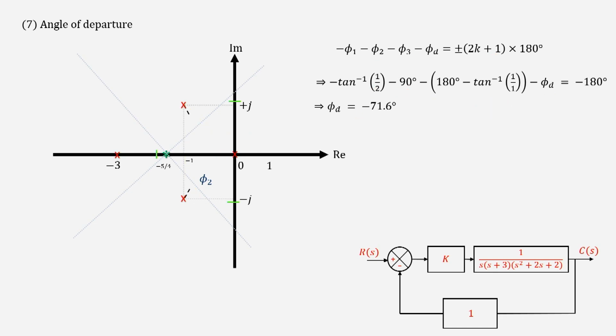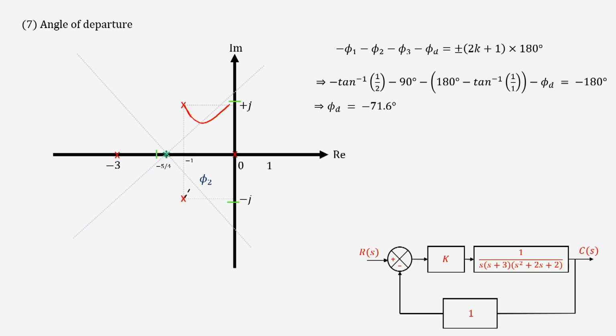What is the meaning of that? If I draw this, suppose this is 71.6 degrees, minus 71.6 degrees. So, the root locus branch will come out like this. Now, if the root locus branch is coming out like this, then it will move like this and go to infinity.